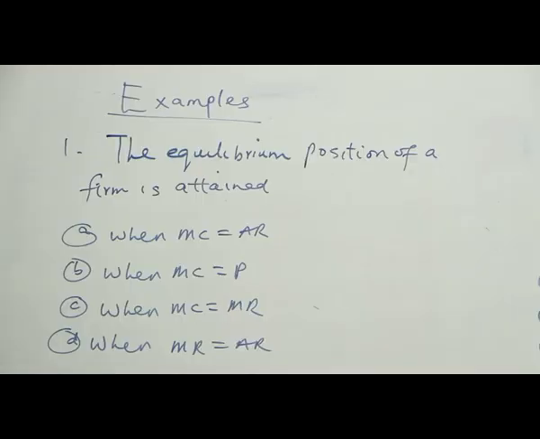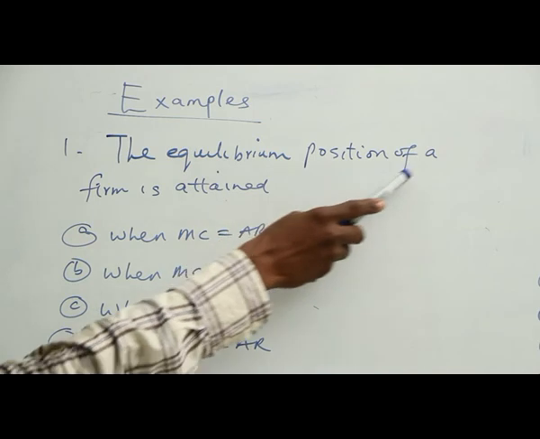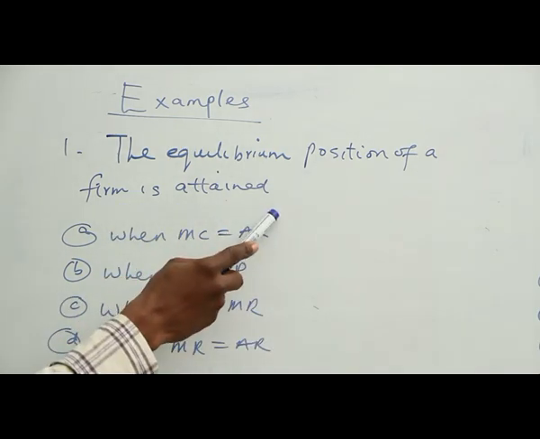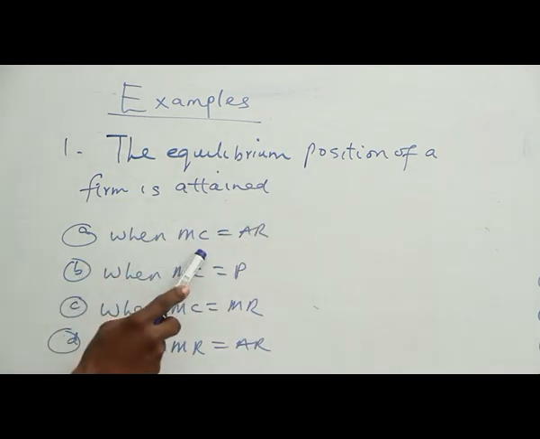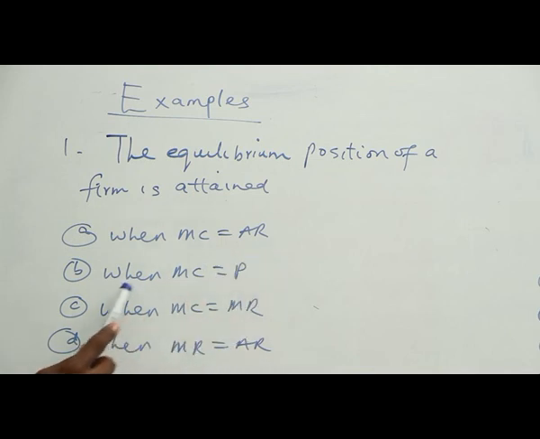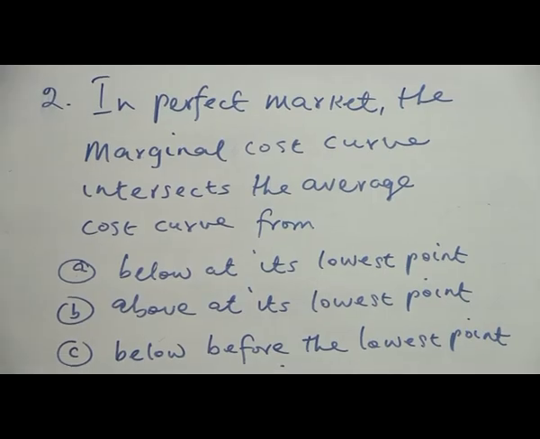Examples. Question 1. The equilibrium position of a firm is attained: A, when MC equal AR; B, when MC equal P; C, when MC equal MR; D, when MR equal AR. The right answer is C, when MC equals MR. Question 2.